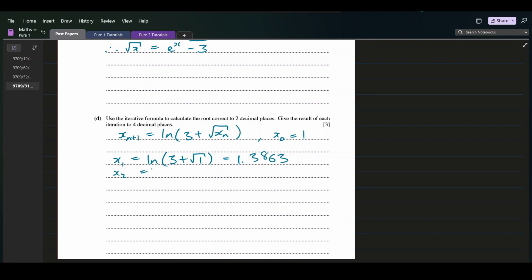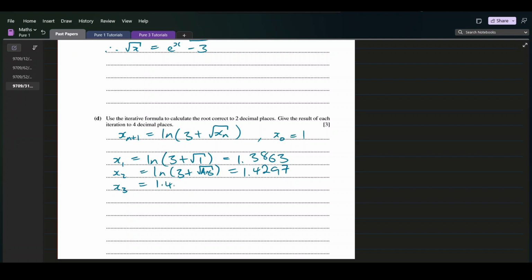And then x2 is equal to ln of 3 plus root, here I'll use the answer function on my calculator, so simply substitute the 1 with the answer function, and now you press equals and you get 1.4297 correct to 4 decimal places. And then we move to x3. Don't change anything on your calculator, just simply press equals and you get your next solution.